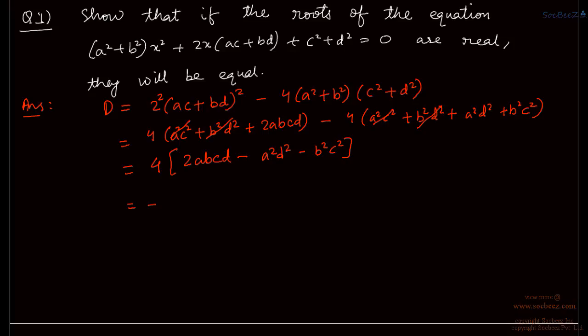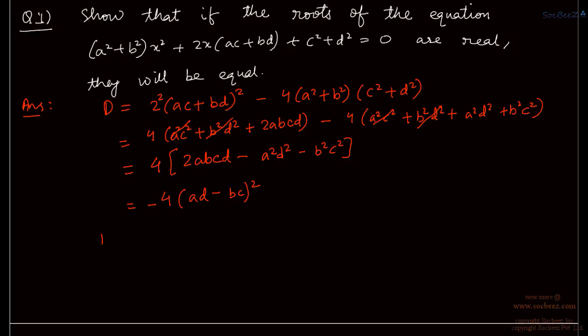So take out the negative sign and you have a squared d squared plus b squared c squared minus 2 times abcd, or that can be written as ad minus bc whole squared. You can write it either way, ad minus bc or bc minus ad, doesn't make any difference here, because when you square, it's a squared d squared plus b squared c squared minus 2abcd.